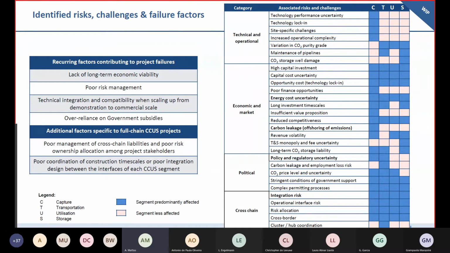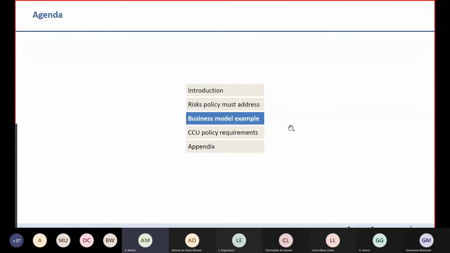Many of the technical ones are well understood and have been addressed by some of the early CCUS projects, but the economic risks are still prevalent, with factors such as uncertainty over cost for capture energy requirements, or the significant CO2 price uncertainty under markets such as the EU ETS, making projects more difficult to invest in without strong and certain revenue streams. So that's what we're trying to support here.